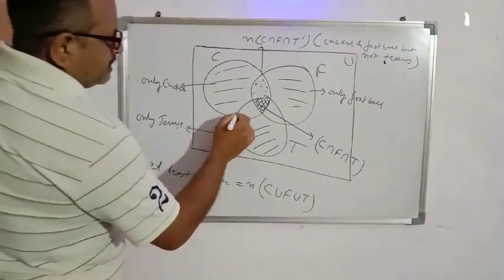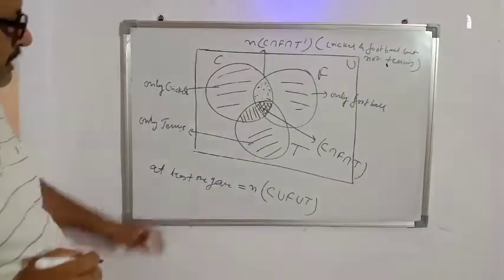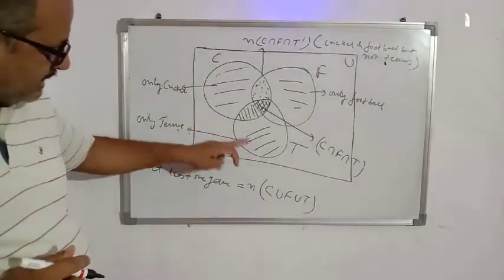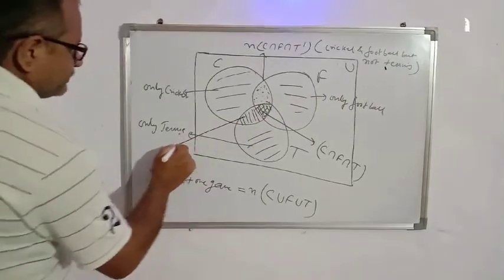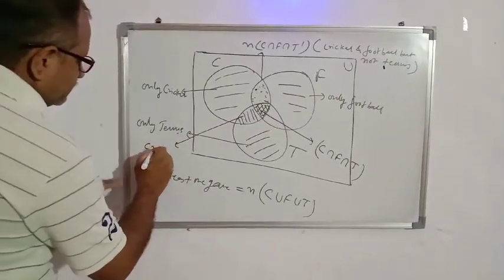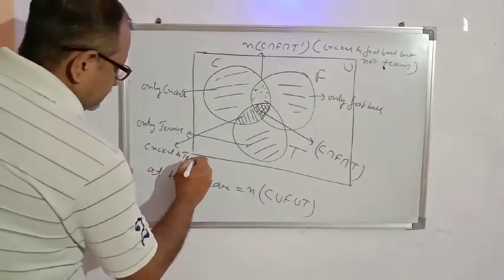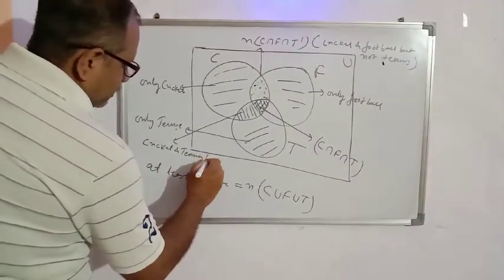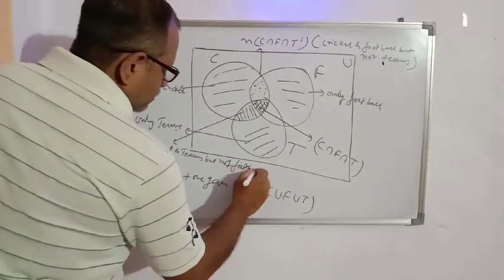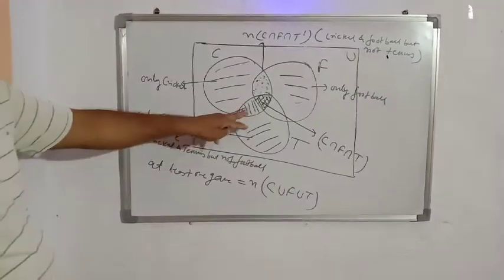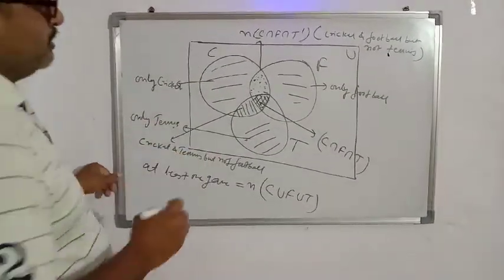Similarly, this portion will represent the number of students who play cricket and tennis but not football. This region will represent the number of students who play cricket and tennis but not football.